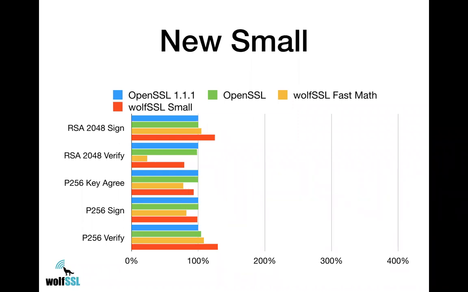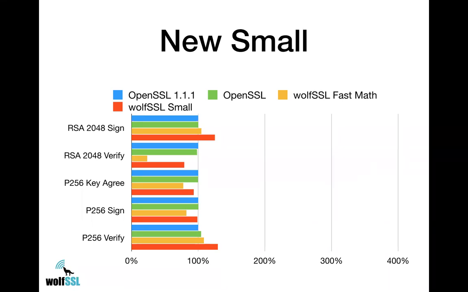Now let's take a look at the new small implementation. So this is the code size small version that's coming out with this new maths implementation. And you can see that it's faster than the normal standard maths. The small code version is faster than the existing one, and it can be quite a bit faster if you look at the sign, the verify for P226.